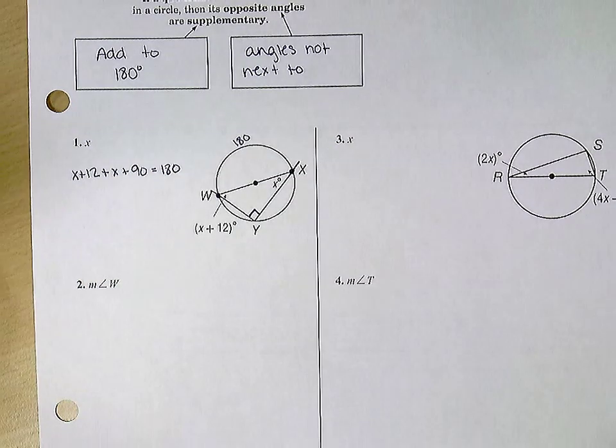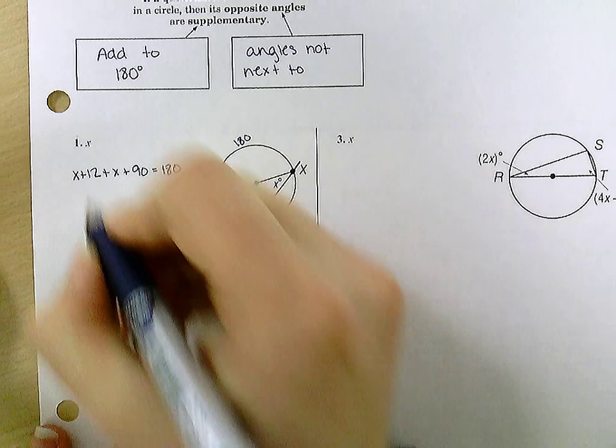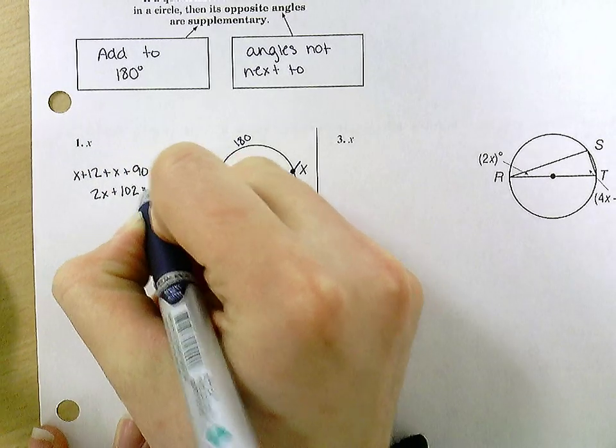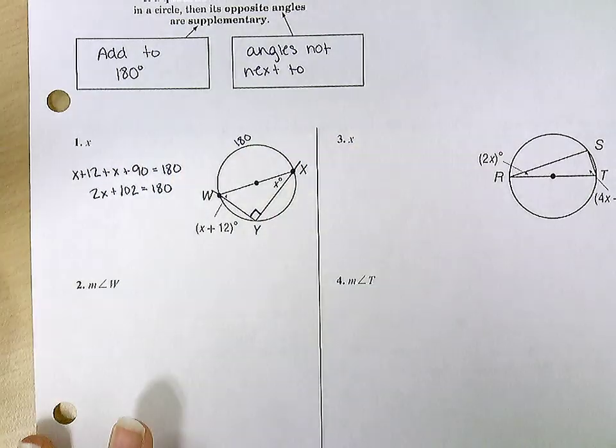Okay, so all 3 of my angles, add them together, set equal to 180. So I have 2x plus 102 equals 180.